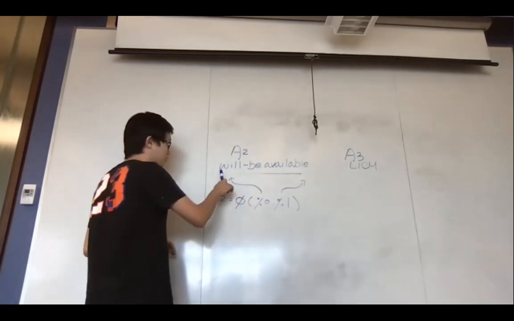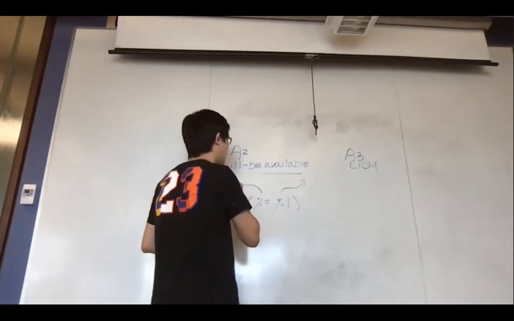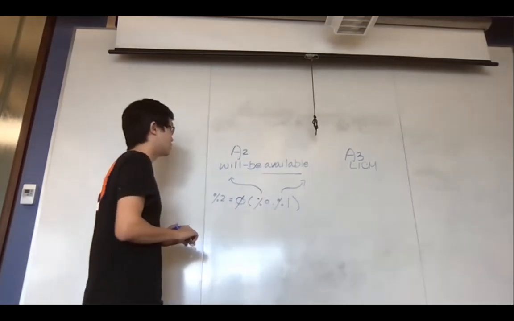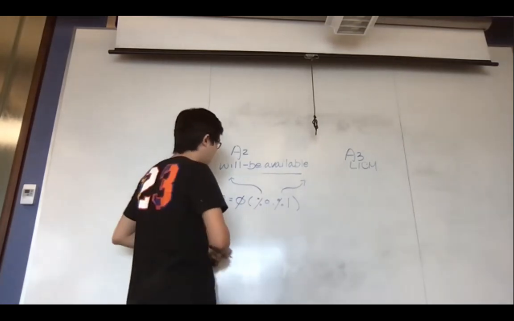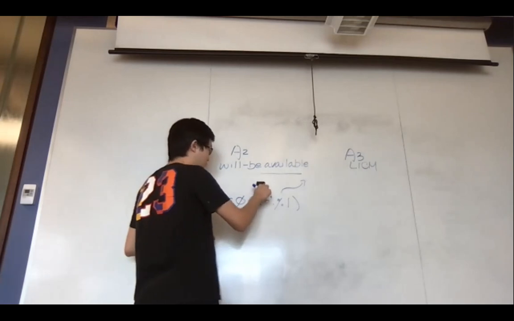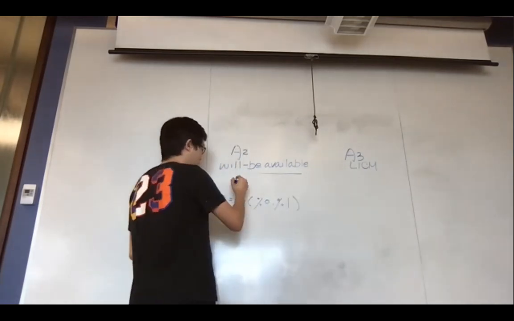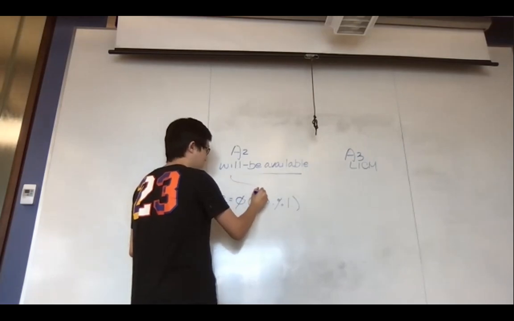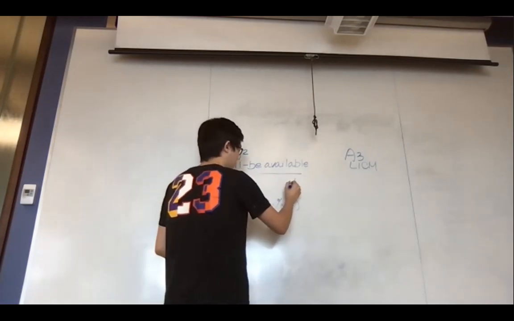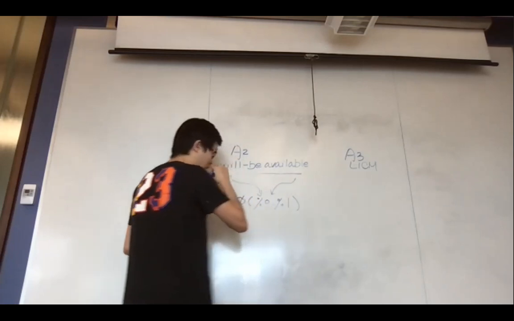Whereas in the case of will-be-available expressions analysis, because it is a forward analysis, instead of unpacking it as incoming values, we should merge it as a single node. What do we mean by this?